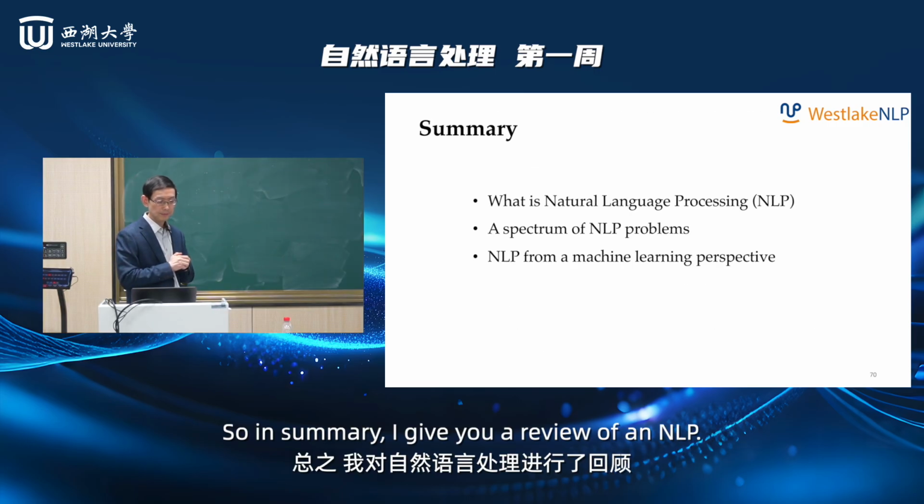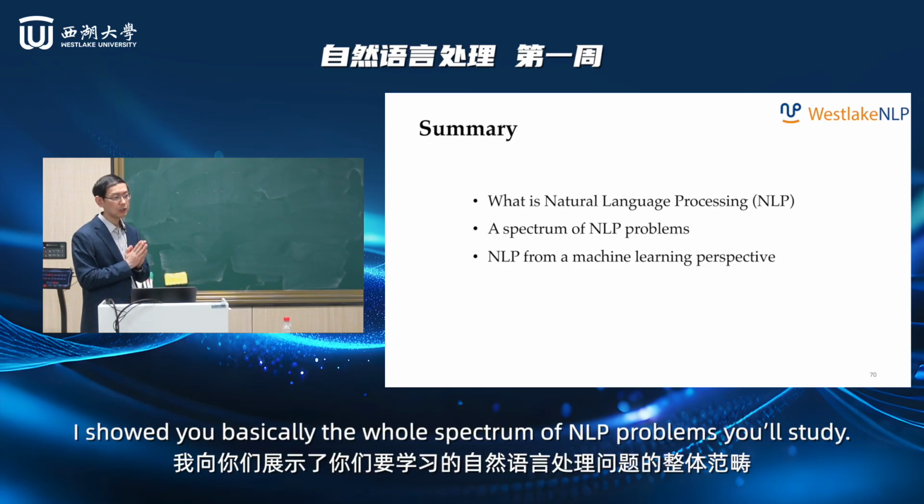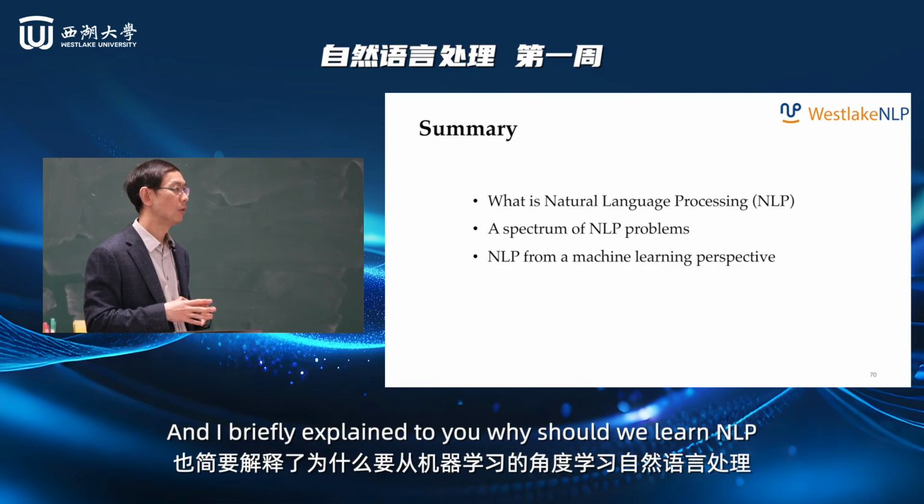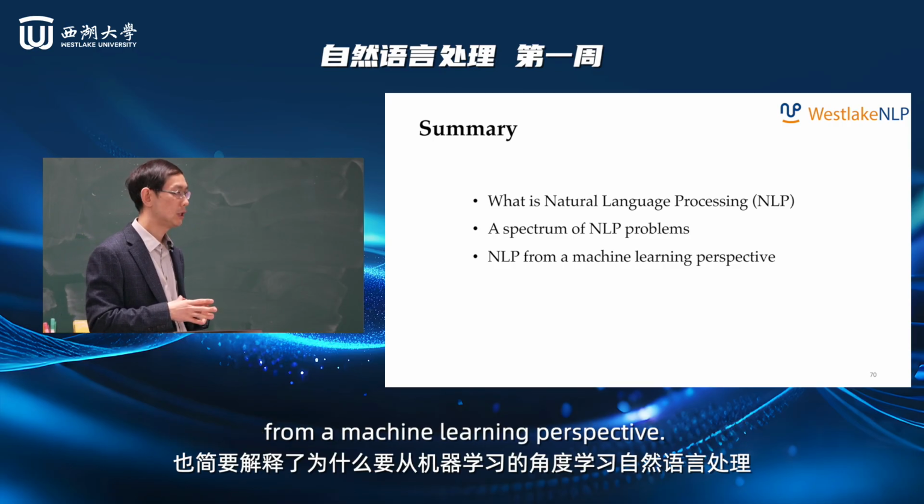So in summary, I gave you a review of NLP. I showed you basically the whole spectrum of NLP problems people study, and I briefly explained why we should learn NLP from a machine learning perspective.